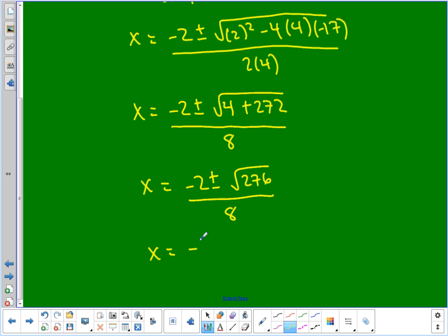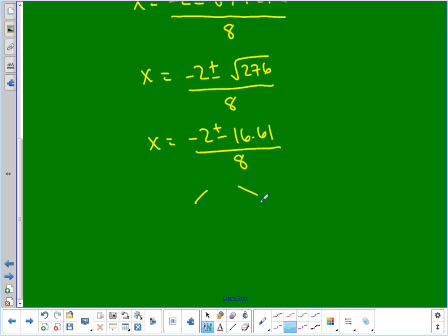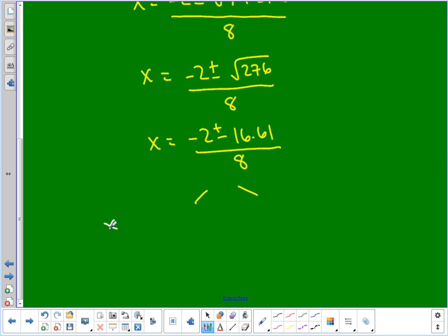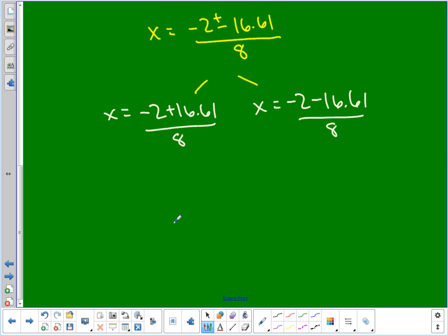I'm going to have x is equal to negative 2 plus or minus, I get 16.61 here when I round it to 2 places. Now I'm ready to split it apart. So now I'm going to have x equals negative 2 plus 16.61 all over 8, and x equals negative 2 minus 16.61 all over 8.